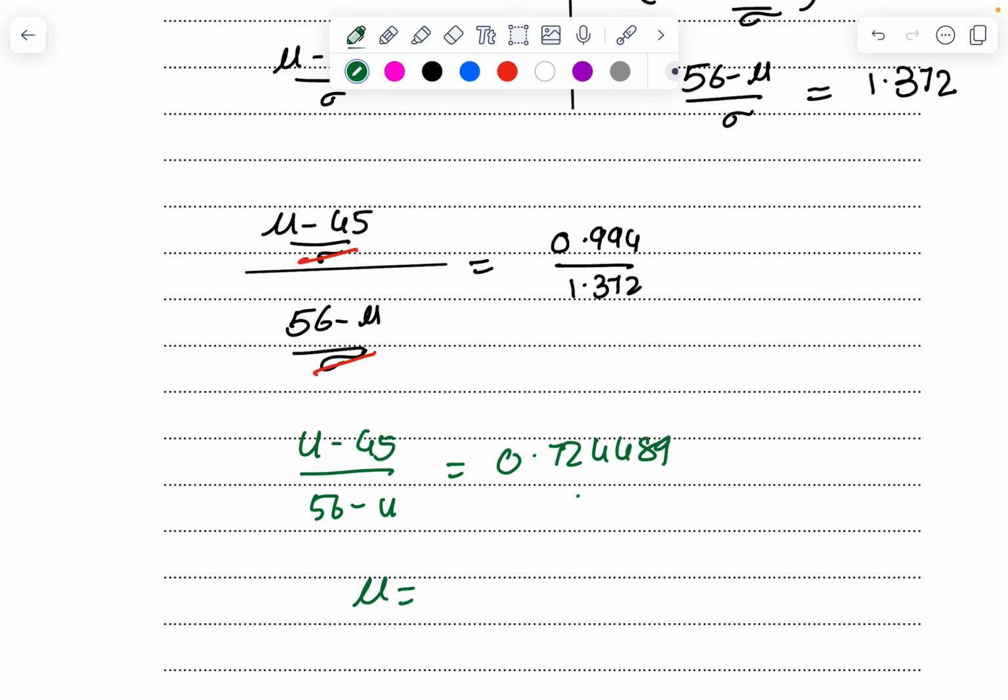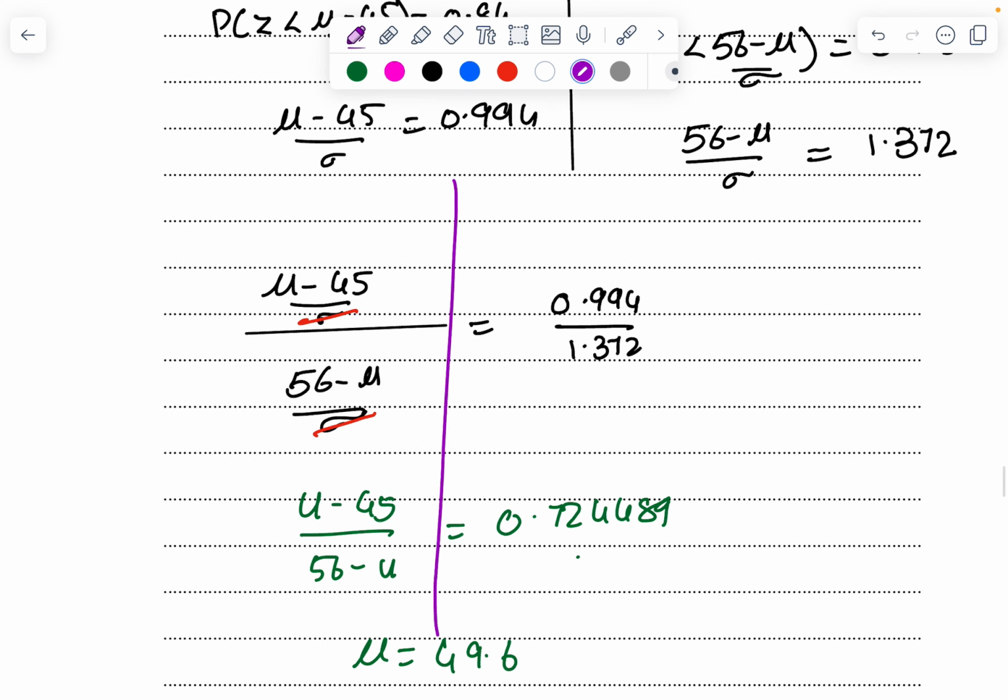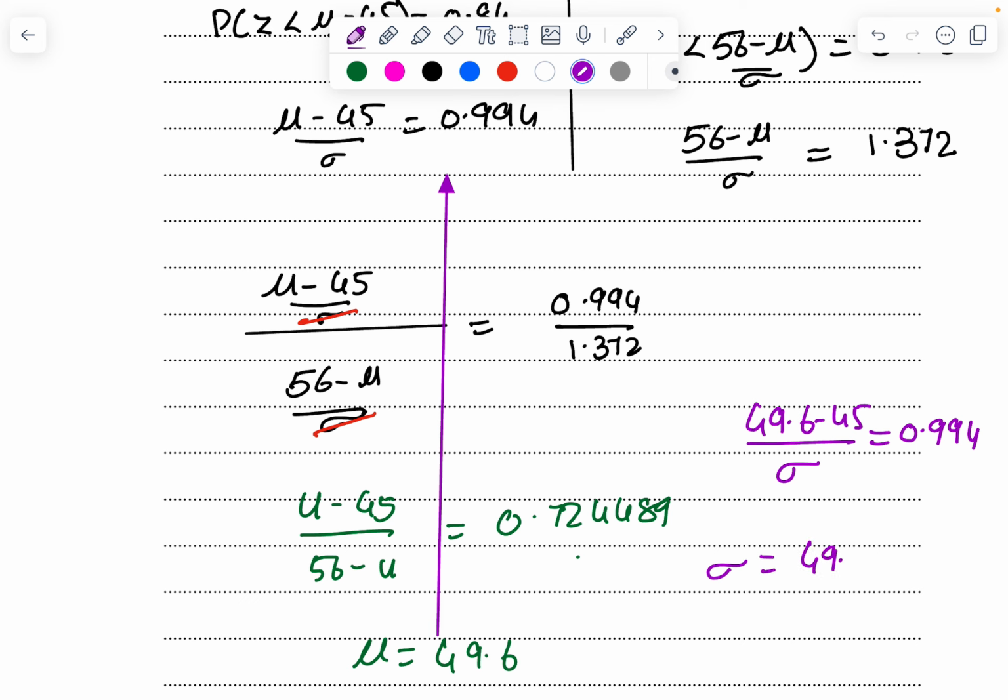You should be getting the value of mu. Directly, I'm writing that answer: mu as 49.6. Substitute this value of mu over here. You should be getting (49.6 minus 45) divided by sigma equals 0.994. Sigma equals (49.6 minus 45) divided by 0.994, which is 4.65.